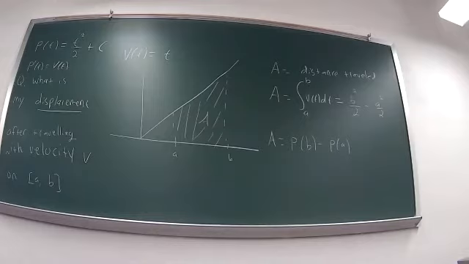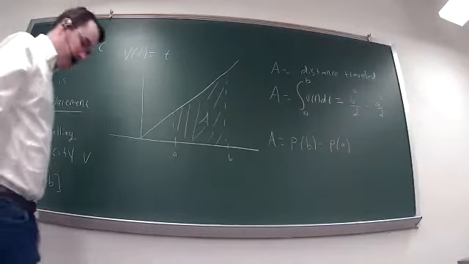So it could be anything, whatever, but that's what we know about the position function, and we know it has to be an antiderivative of that velocity function, whatever it is.